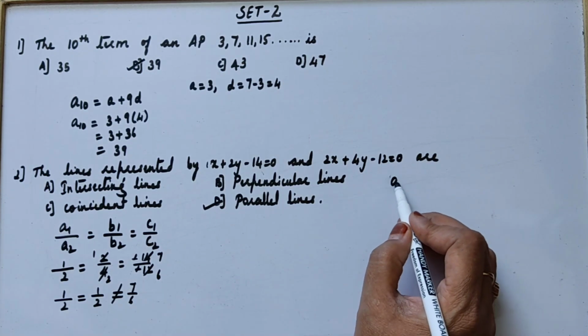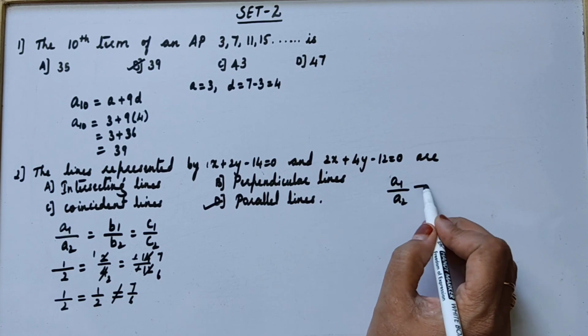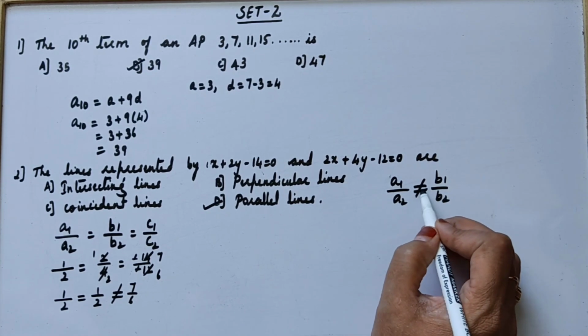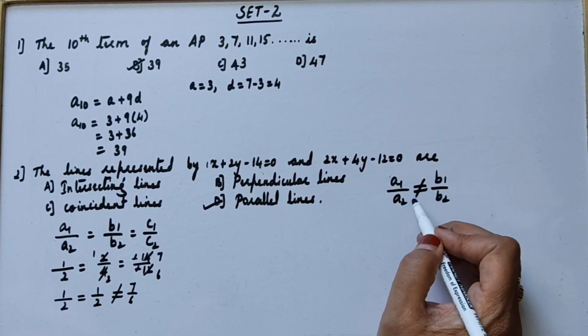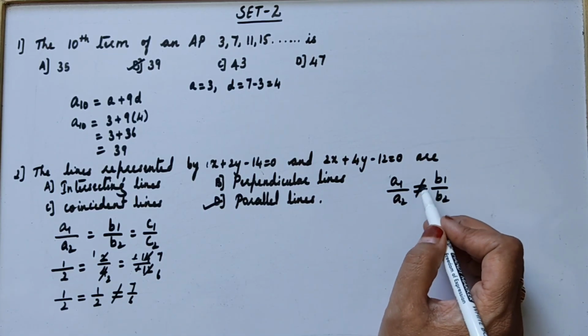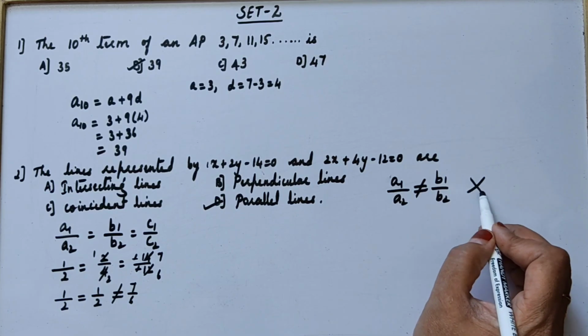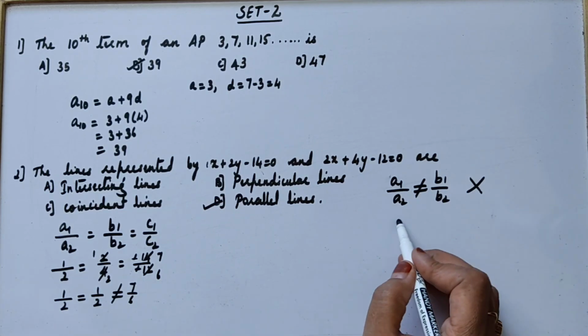Now I'll tell you, a1 upon a2 is not equal to b1 upon b2. That means from the beginning itself it has cut, so it is intersecting lines.